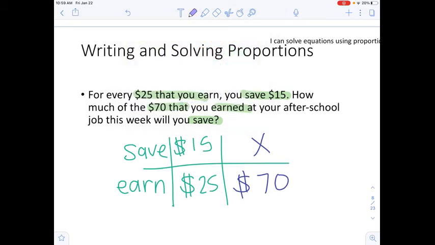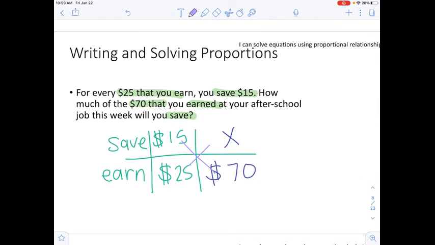Now we are going to use cross products, and I'm going to take 25 times x, which is 25x, and I'm going to set that equal to 15 times 70. 15 times 70 is 1,050.